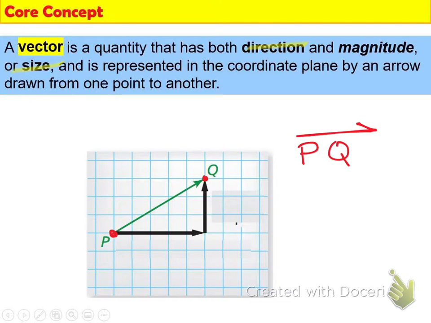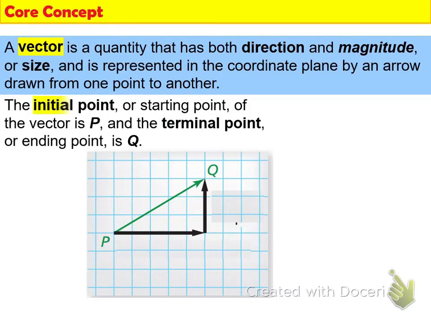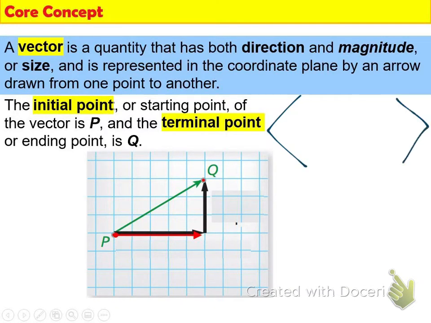And then to write a vector, here's what happens. You have your initial point, and then your terminal point. We already said that. And then you're going to write the vector like this. You have two brackets.